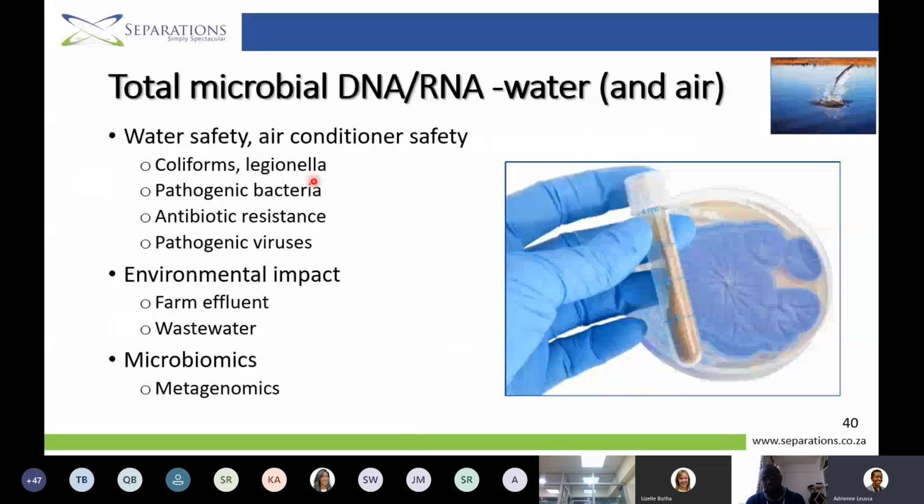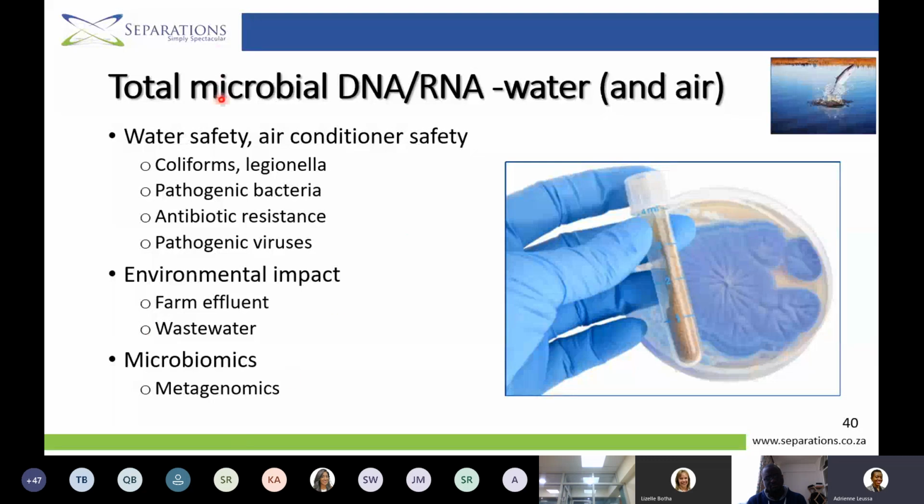So when you're isolating total microbial DNA or RNA, usually you are in the space that is concerned with water safety, as well as looking at the environmental impact of things like farm effluents and wastewater, or you just want to study the microbiome.